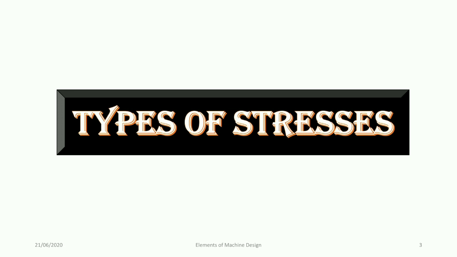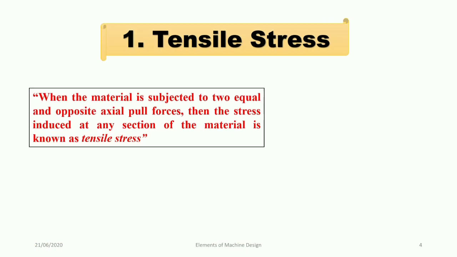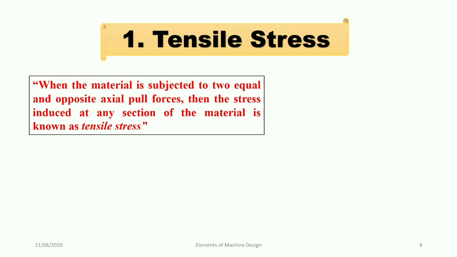I have listed here 7 types of stresses. First type is tensile stress. What is tensile stress? When the material is subjected to two equal and opposite axial pull forces, then the stress induced at any section of the material is known as tensile stress.